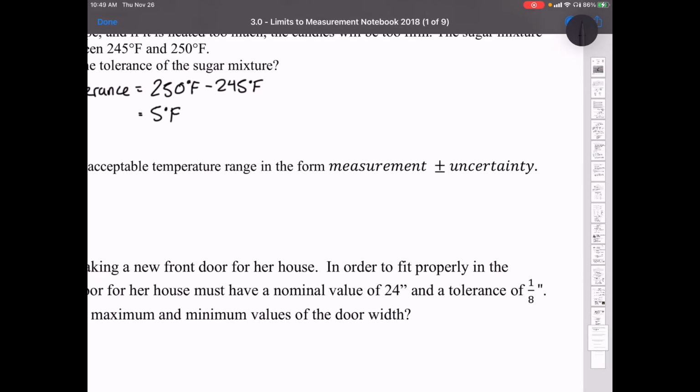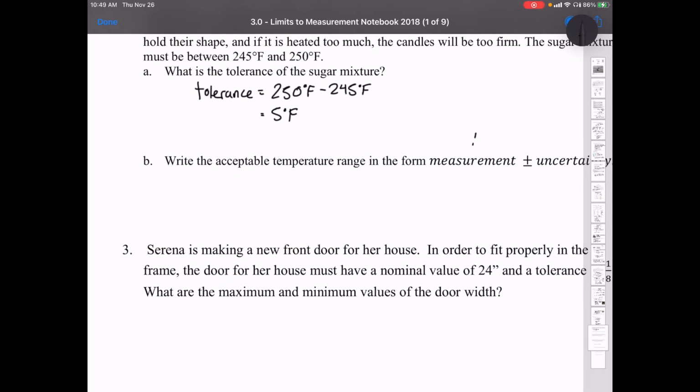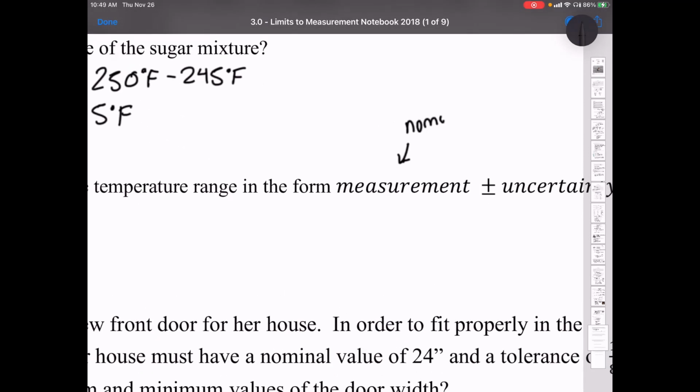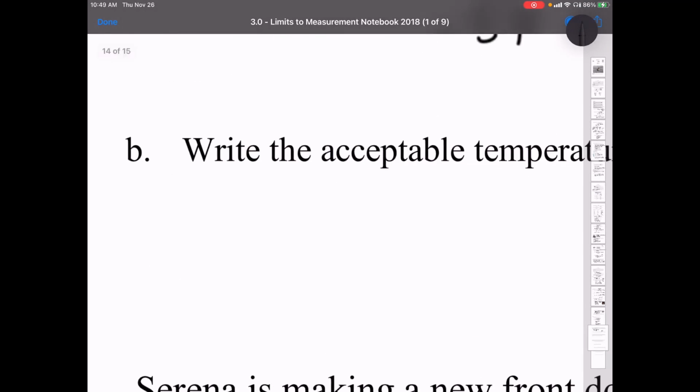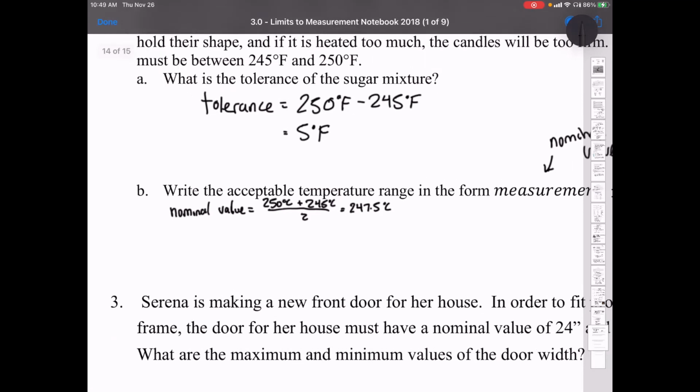So then we can write the acceptable temperature range in the form measurement plus or minus uncertainty. In order to do that, though, we have to find what our measurement is. Our measurement is just our nominal value. So to find our nominal value, it was just your max of 250 plus your min of 245, all divided by 2, which is 247.5 degrees Fahrenheit.